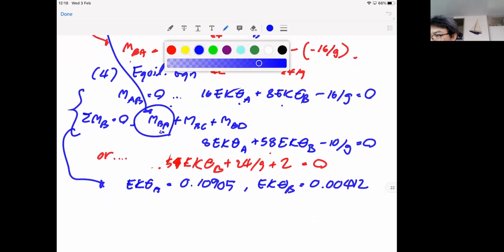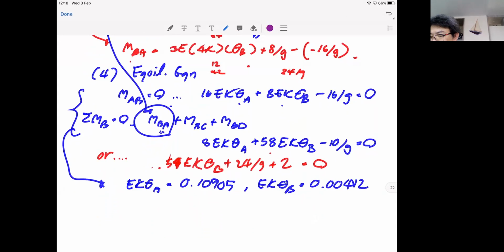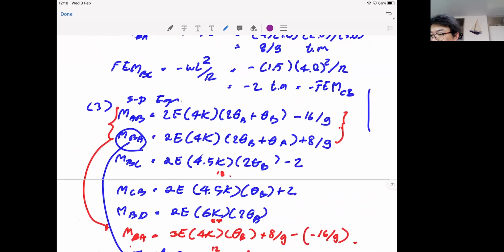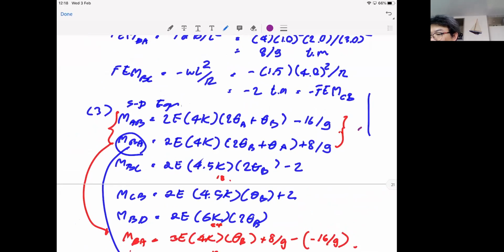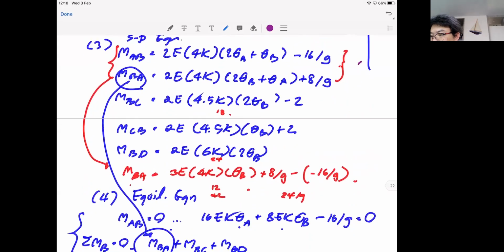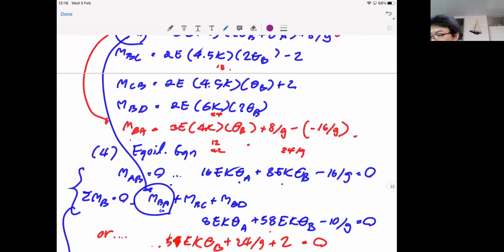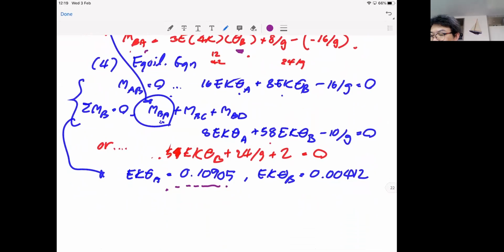But then again, you feel a little bit strange, because you get this value, you bring this back to this equation with zeta B, knowing that MAB is going to be 0. So it's a bit unnecessary to do it. Because if you use the modification with zeta B alone, you already get MBA, and you get MBC and MBD right away, because it's only a function of zeta B. So it's absolutely unnecessary to solve for zeta A. Okay, and let me remind you again that it's not 0.